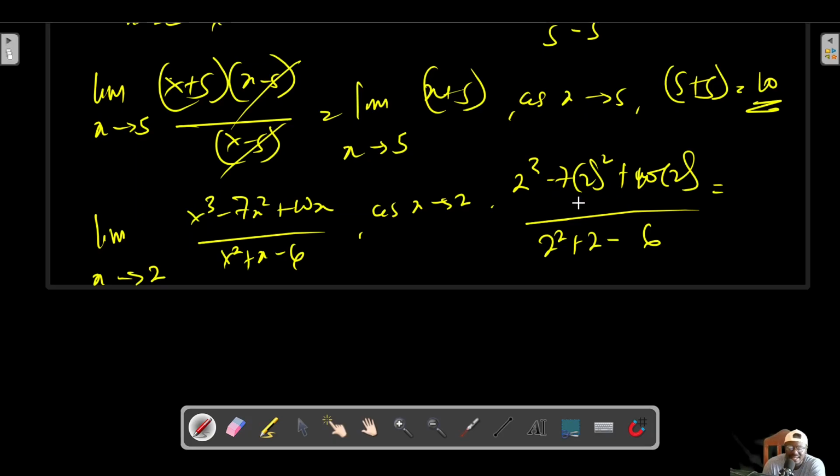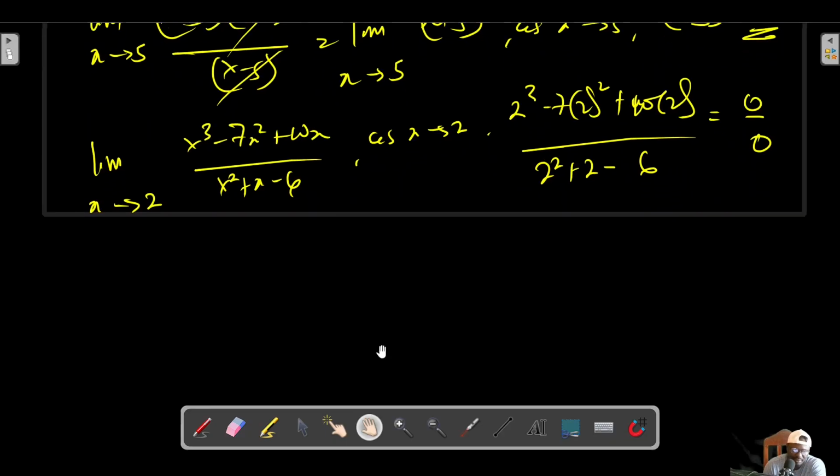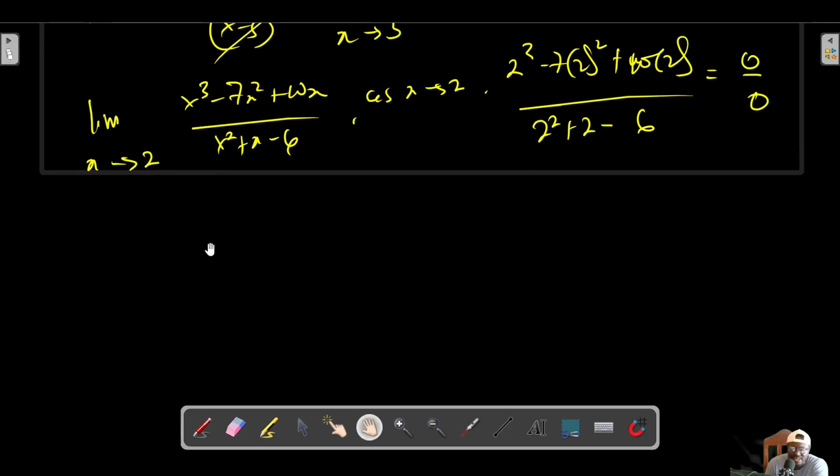So we get negative 20 plus positive 20, which is 0, over 2 squared plus 2 is 6, minus 6 gives you 0. So this is clearly an indeterminate. Since the numerator and the denominator both contain a polynomial, we factorize to cancel out some of the factors.